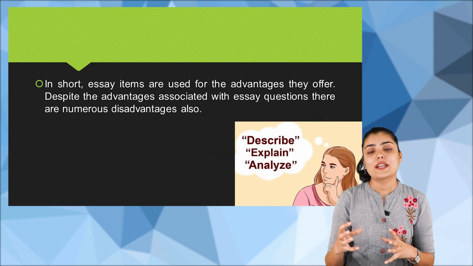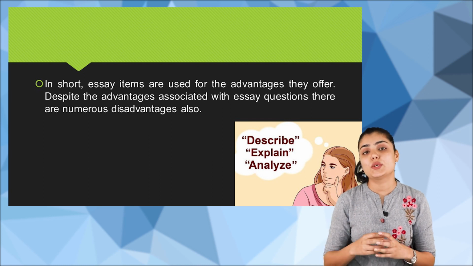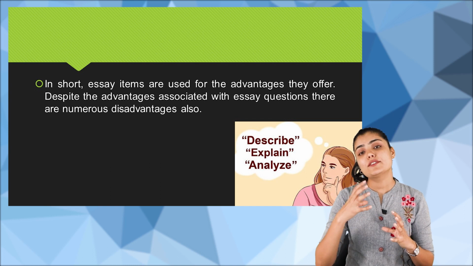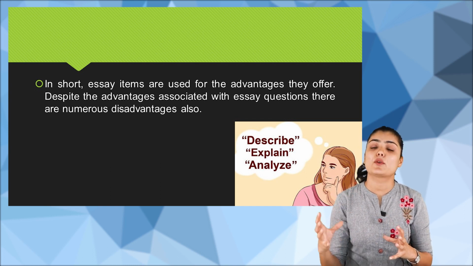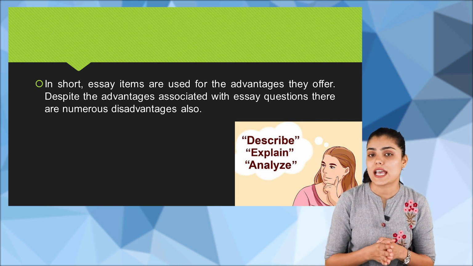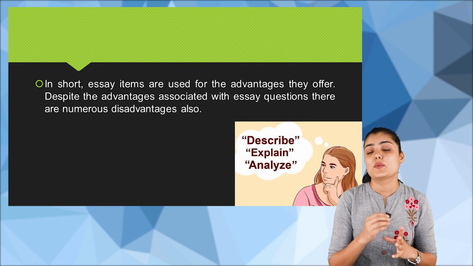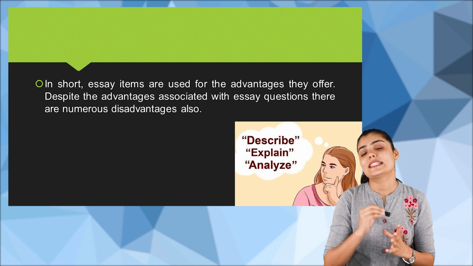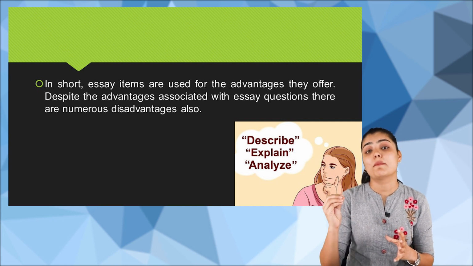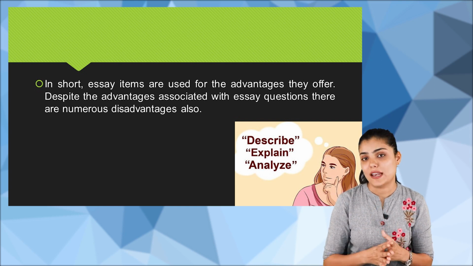So essay type questions are chosen by the evaluators or the educators because of the advantages they have to offer. Despite the various advantages, they obviously come with various disadvantages as well. As we have seen in the first session when we discussed the criterion of objectivity, in essay type questions there is a chance of subjective bias by the evaluators.